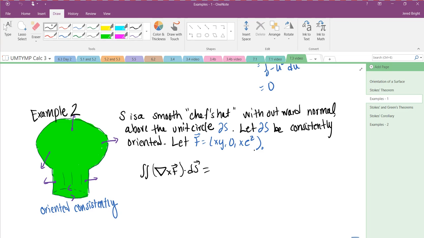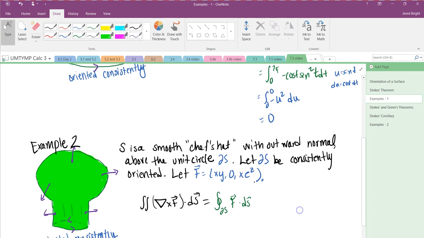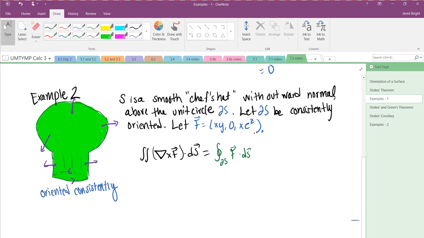So then we can say that this whole thing is really just the integral over the boundary of S of f dot ds, and by the previous example, when we did this calculation, we got negative cosine t sine squared t dt, and after some work, we found that that was 0. So that was a little disappointing, actually.